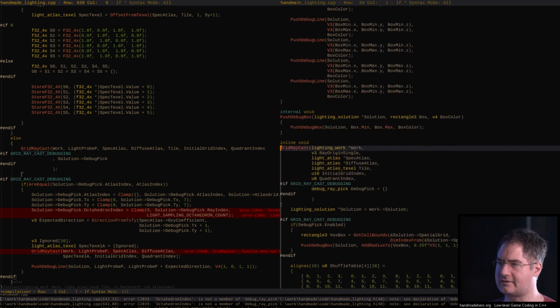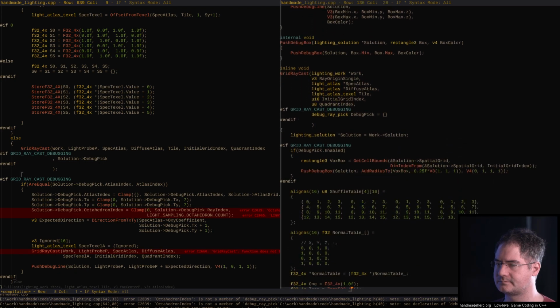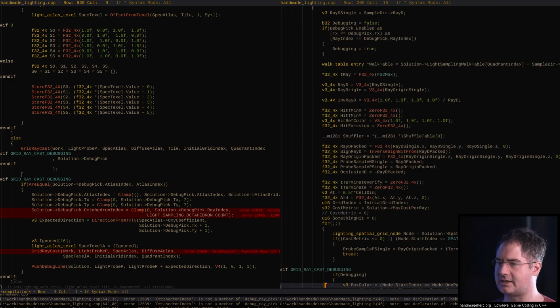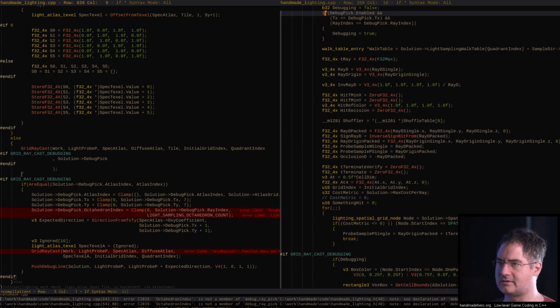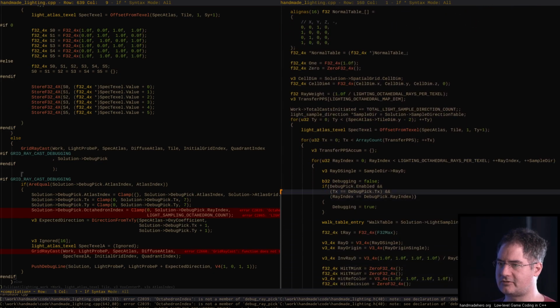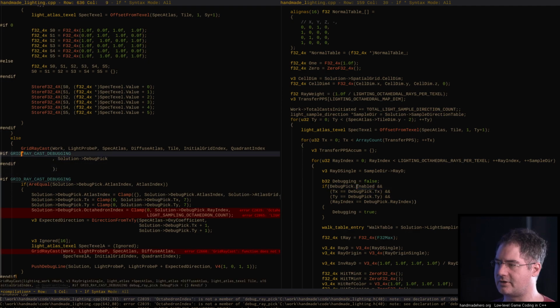So in grid raycast here, where we pass this debug pick, debug pick enabled would just be, we would just expand the check, where did you go? Here you are. We would just expand the check here to check against the ty value as well. And so then we just do if the atlas index is equal up here.